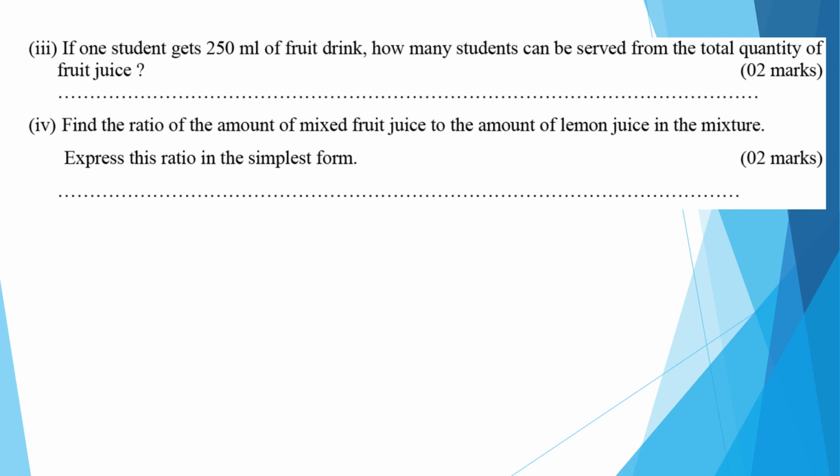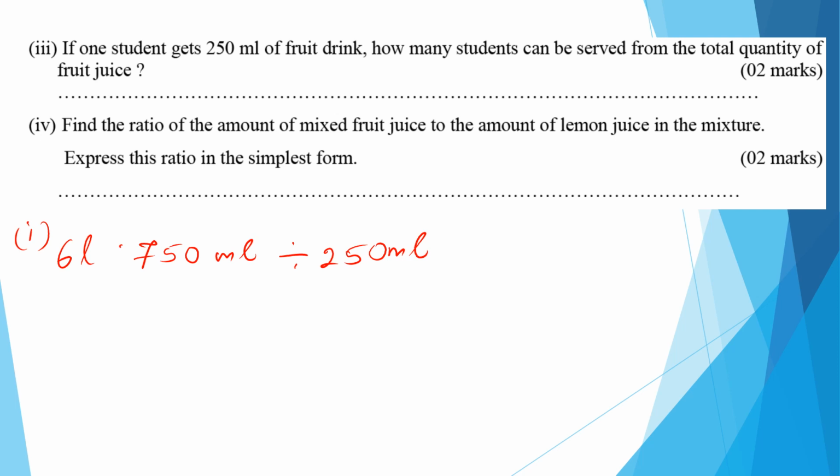That is 6 liters and 750 milliliters, from the answer to the first part. So you have to divide this by 250 milliliters. Then you can find out how many students can be served with this amount of fruit drink.